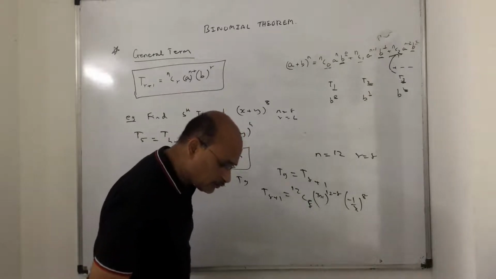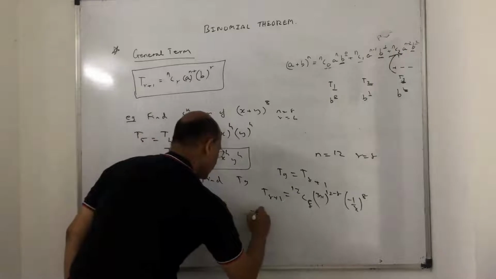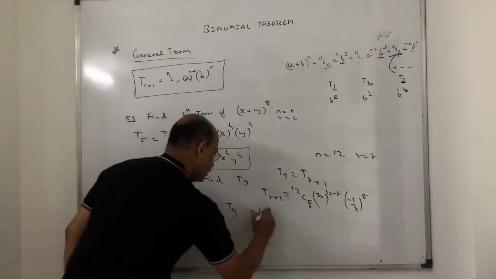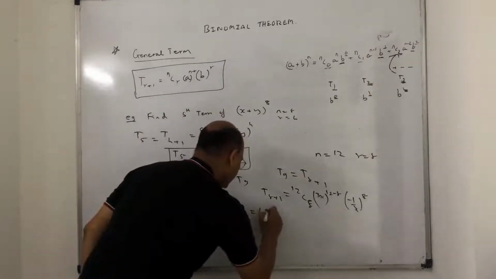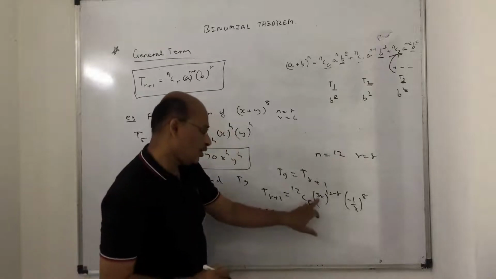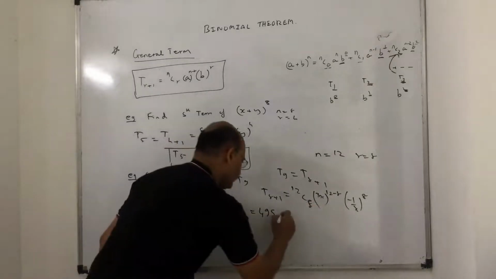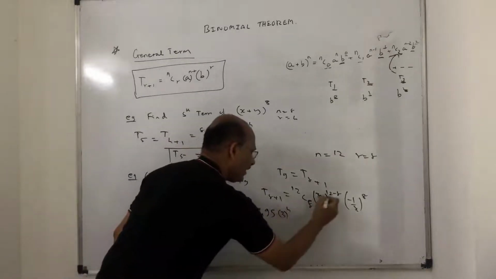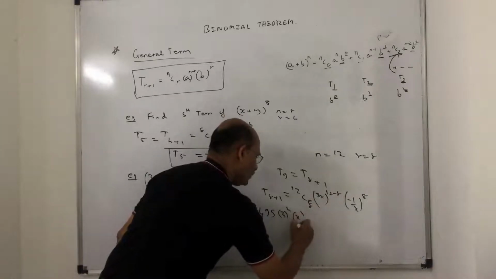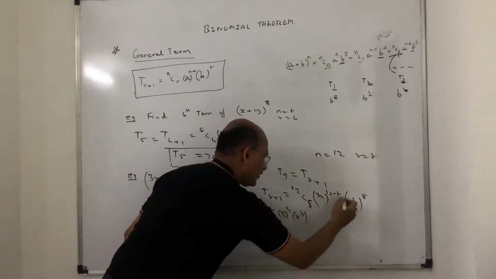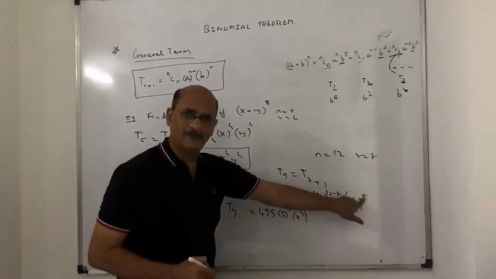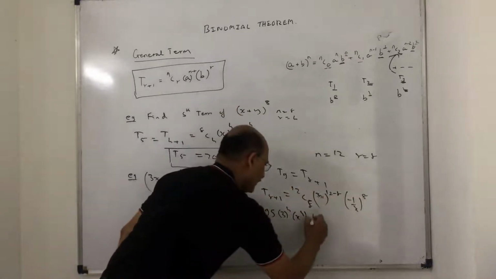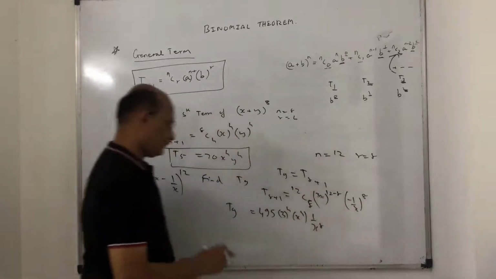Calculator will be a very useful thing. 495. So the ninth term will be 495. Now hold on. 3 raised to 4 and x raised to 4. Minus raised to an even number will be a positive sign.